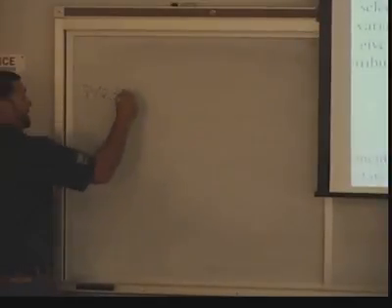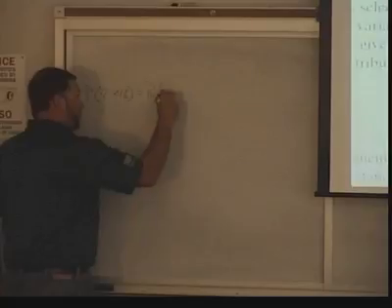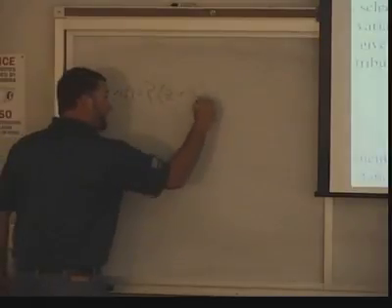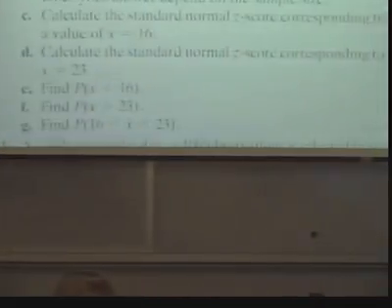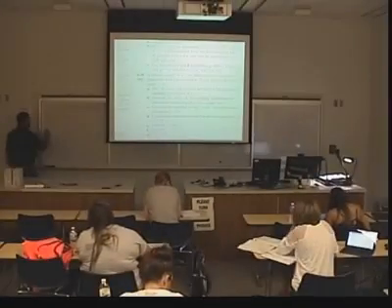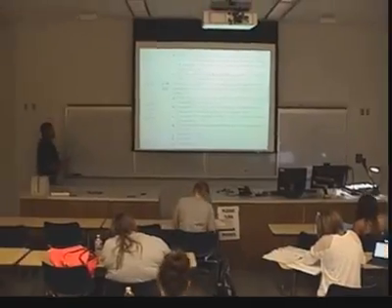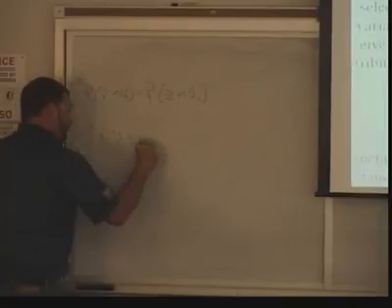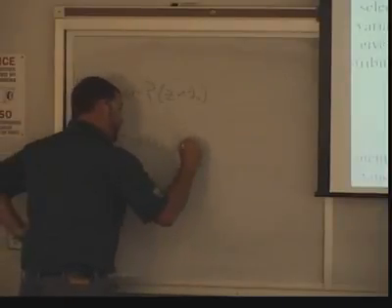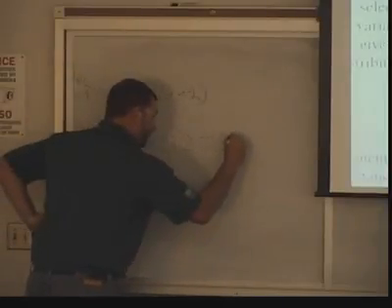So the probability that x bar is less than 16 is equal to the probability that z is less than negative 2. F says the probability that x bar is greater than 23 is equivalent to the probability that z is greater than 1.5.